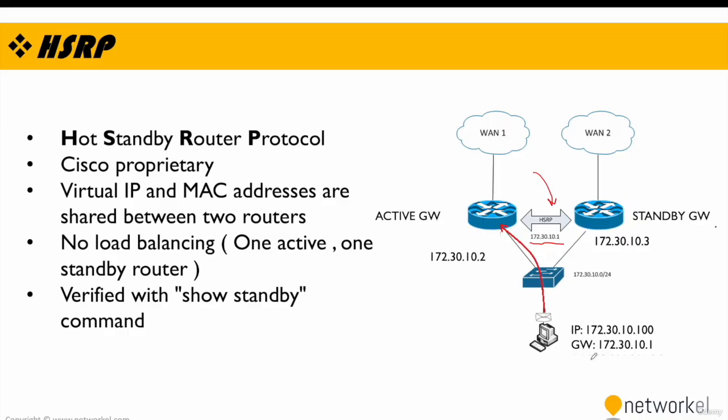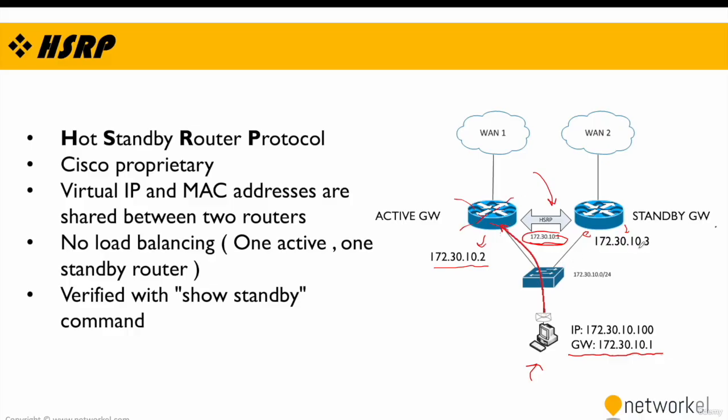So what I'm doing is, as the gateway address of this client, I'm not going ahead and configuring the IP address of this router's this interface or this router's this interface. I am just configuring the gateway as the virtual IP of the HSRP in here. So that will ensure, let's say, if I would configure 10.2 for my PC as a gateway and this router would fail, then the traffic would fail as well.